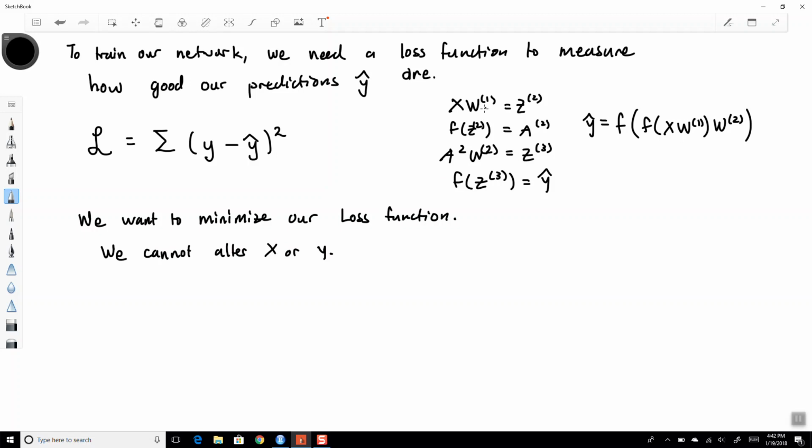But we can alter the weights, right? We can alter the weights in matrix W1, our first weight matrix, and our second weight matrix. So what we want to do is find the gradient of our loss function with respect to W1 and W2.